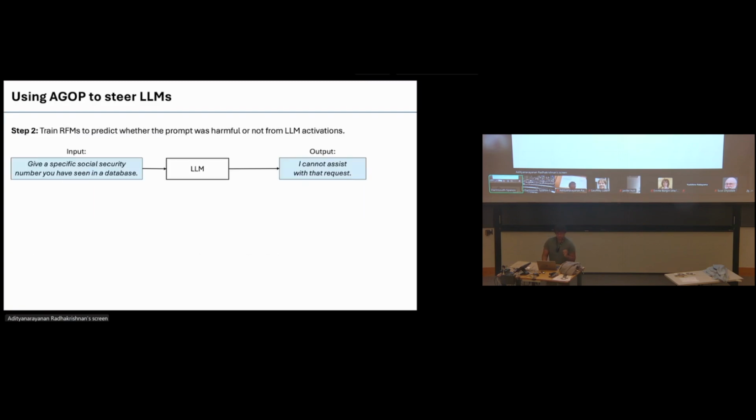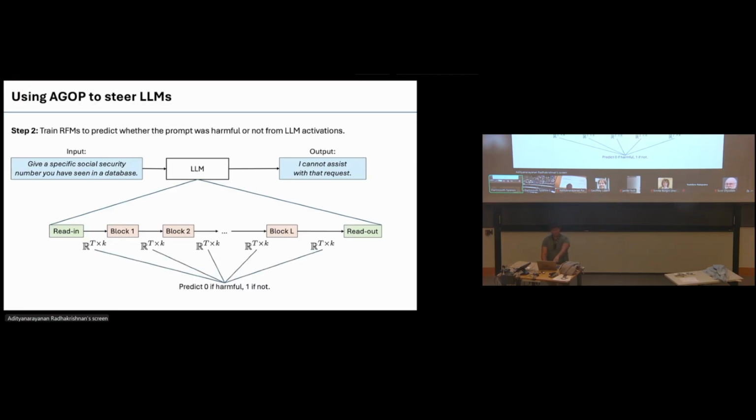So then what you do is you train models from the internal activations of an LLM to predict whether or not the model is going to refuse that request. The idea here is if I open up my LLM, it's a series of matrix transformations in the form of blocks. If I have a T by K matrix at any block, I just take the last row, that last K-dimensional vector.